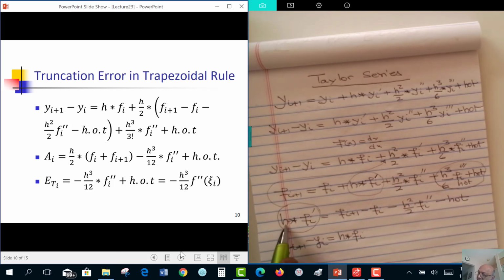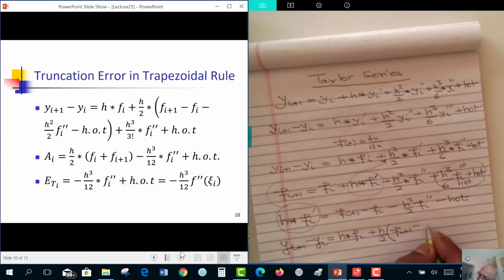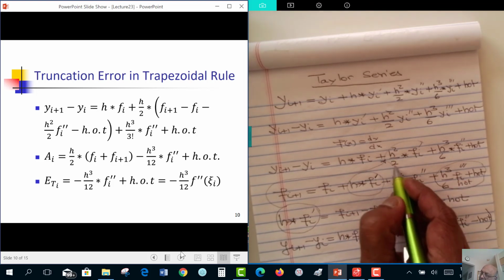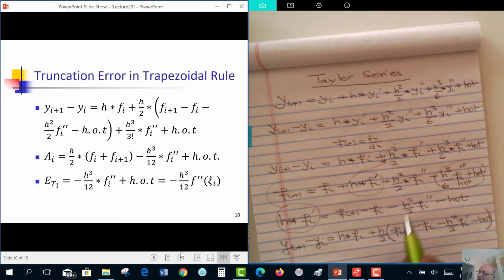I have here h times fi prime. So h by 2 would be left over. And I'm going to write this right-hand side equation. So that was just this part, right? And I still have that left.